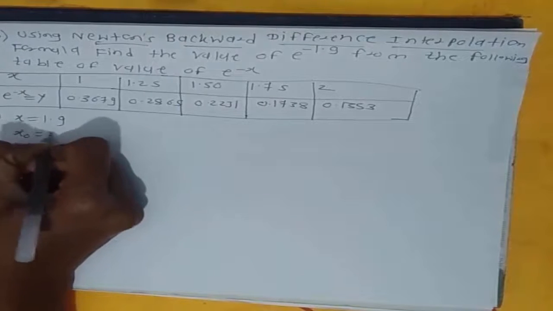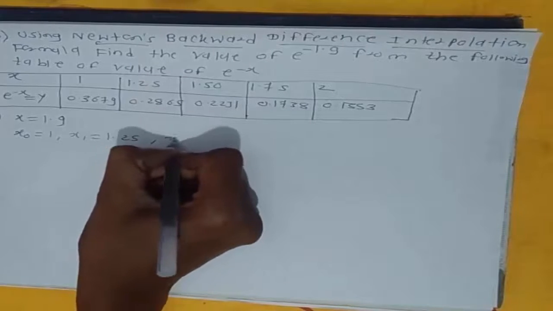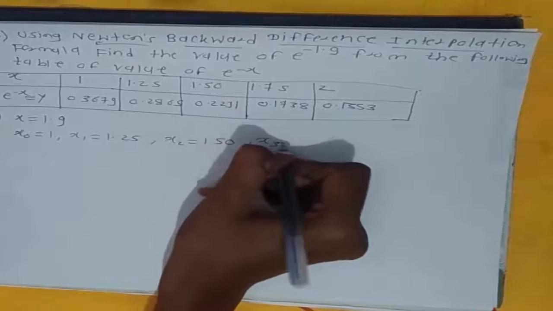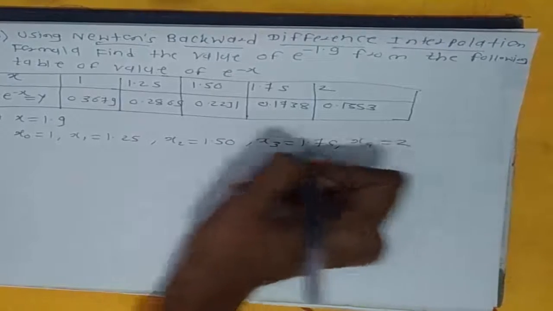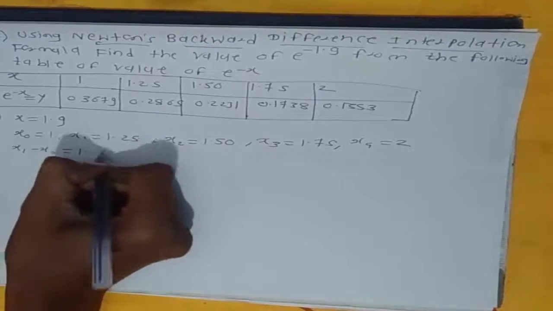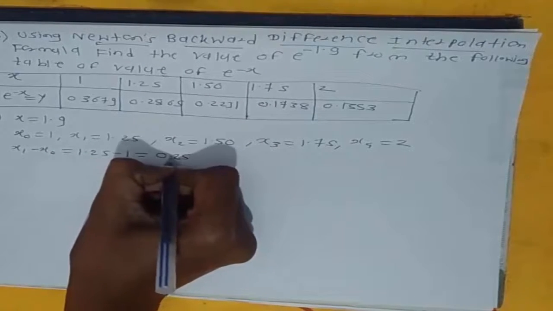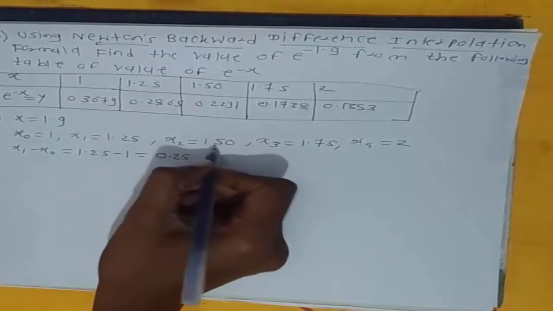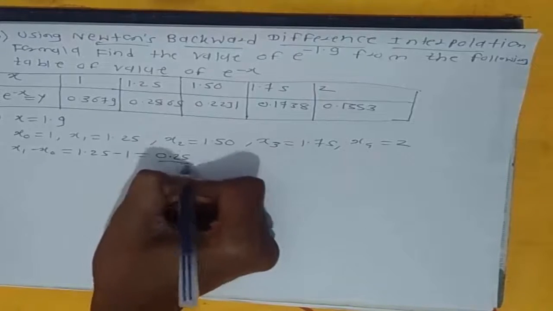If we take x0 equal to 1, x1 equal to 1.25, x2 equal to 1.50, x3 equal to 1.75, and x4 equal to 2, then x1 minus x0 is 1.25 minus 1, which gives 0.25. Similarly, the difference between all consecutive values of x is 0.25.